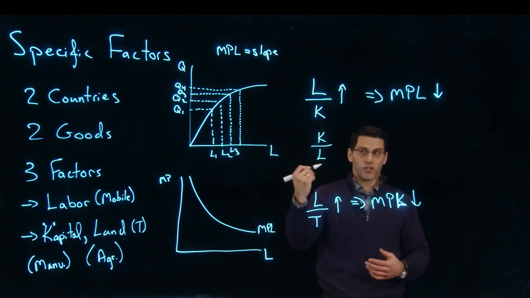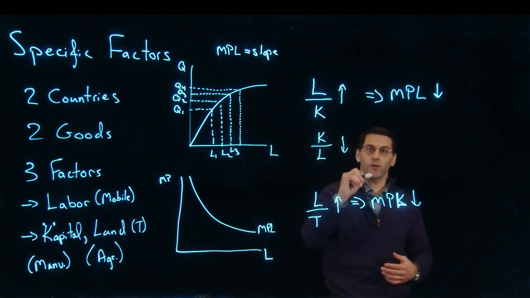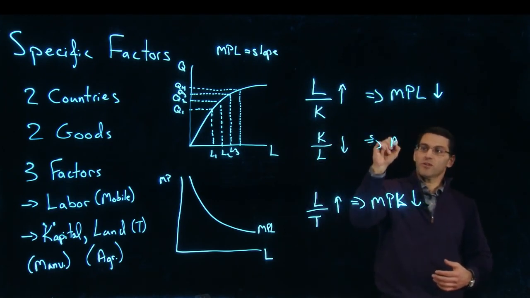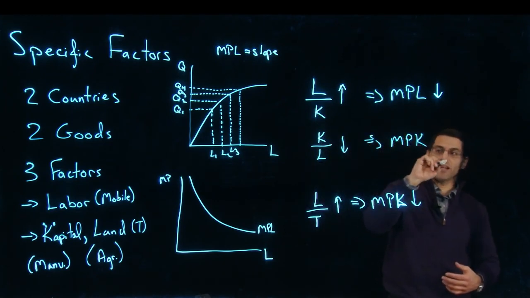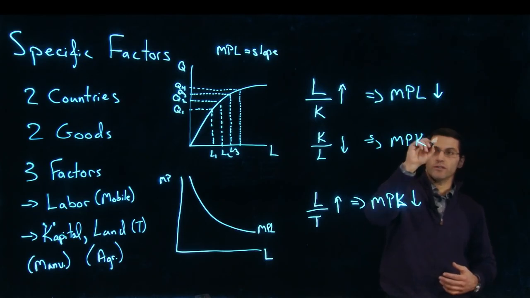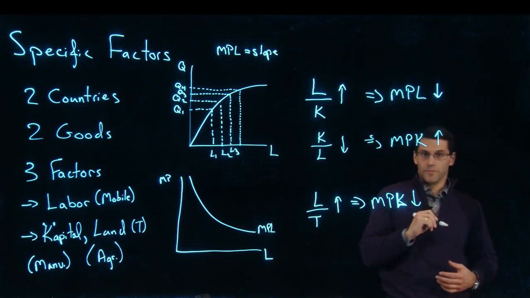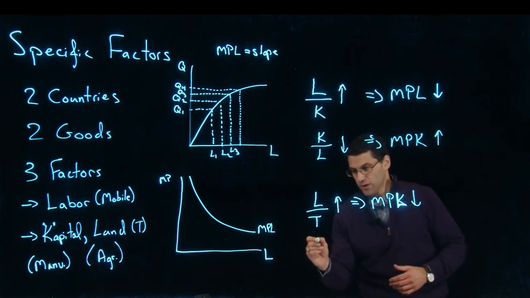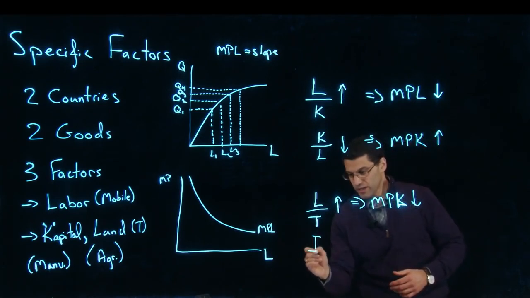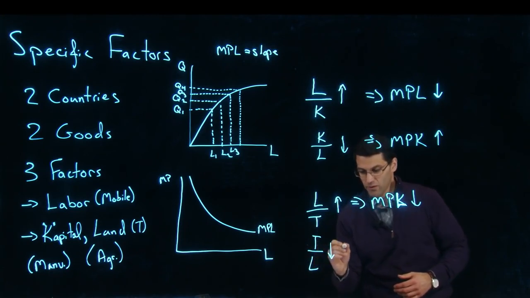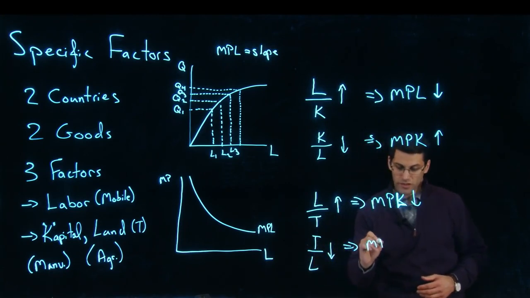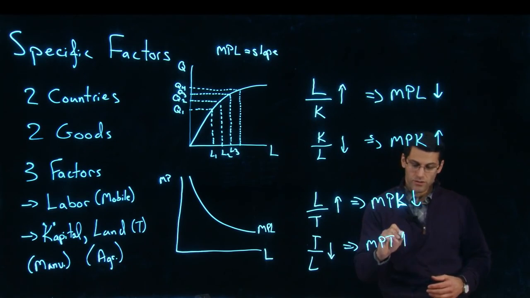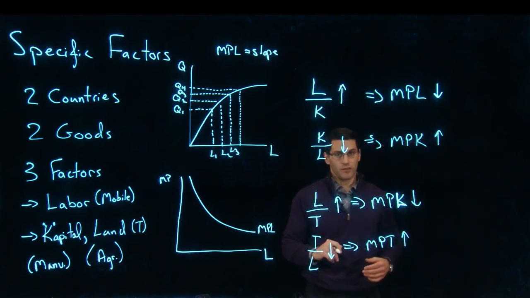If L over K is going up, that means K over L is going down, which means that the marginal product of capital in that scenario would actually be going up, by the same logic we discussed earlier. Likewise, if L over T is going up, then T over L is going down, which would mean that the marginal product of land would be going up.